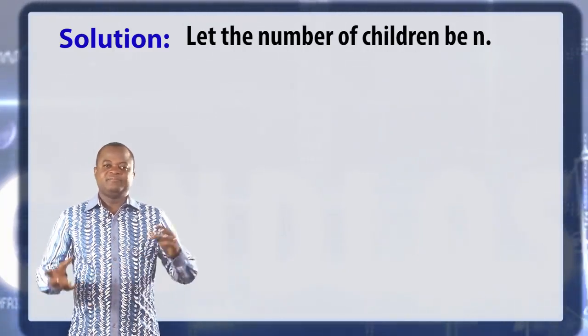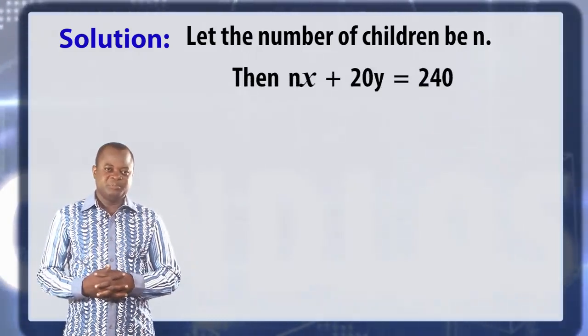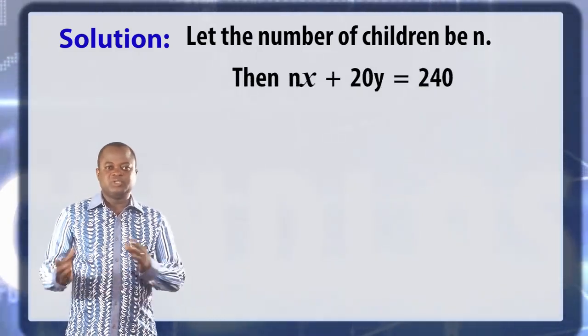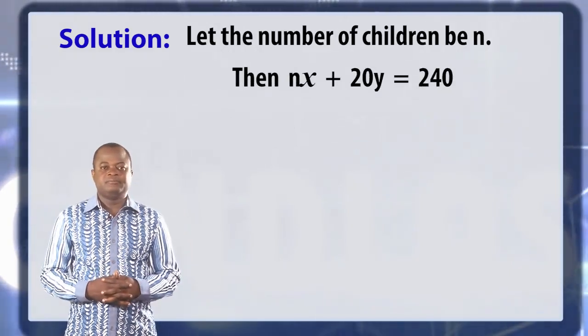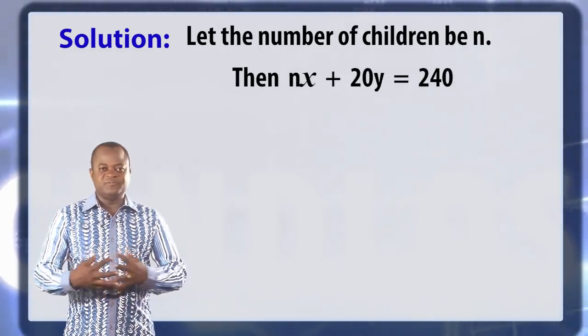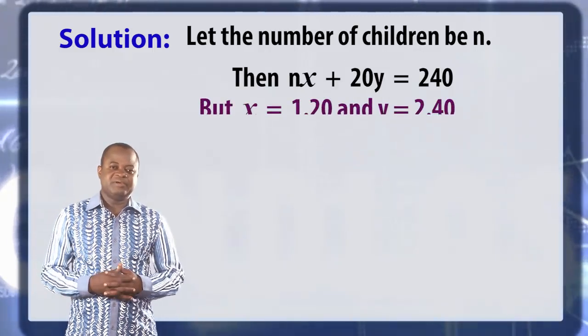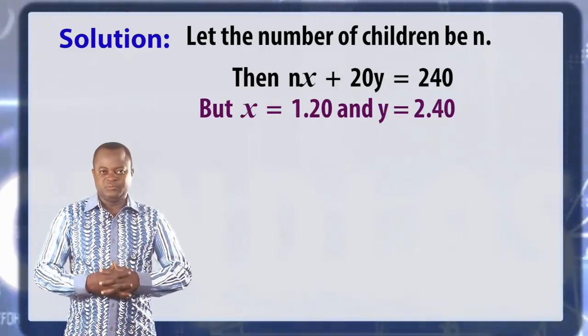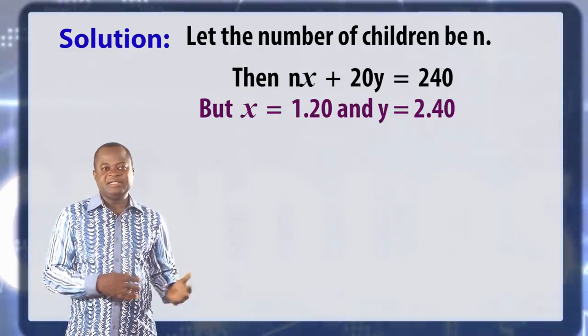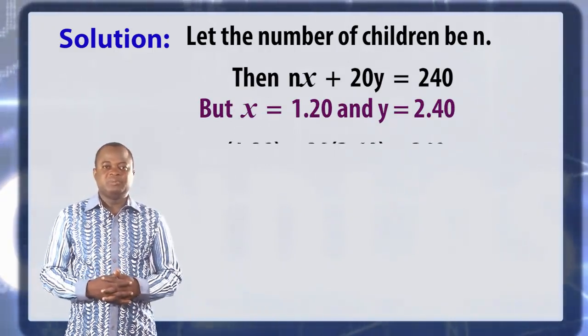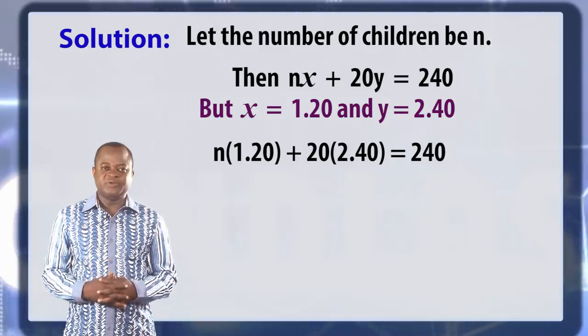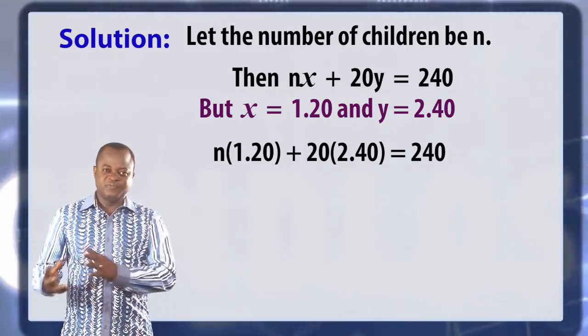Then we have n times x plus 20y should be equal to 240. But we just solved for x, which is equal to 1.20. So we replace x by 1.2. And that will give us n times 1.20 plus 20 times 2.40, and all that should be equal to 240.